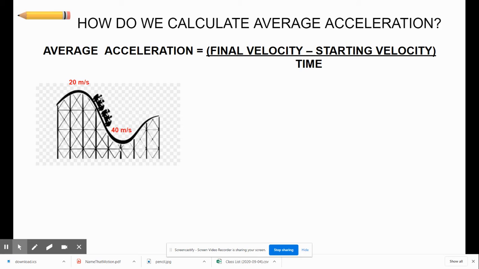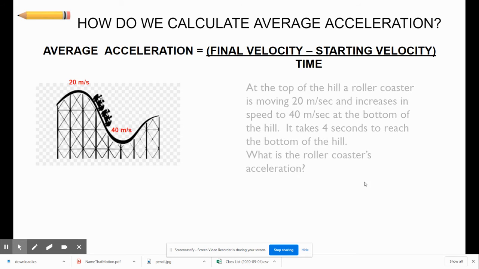What was it? How fast was it going at the point that it ended, that we're interested in? And we subtract the velocity that it started with, and then we divide it by the amount of time it took to go from here at the top to here.